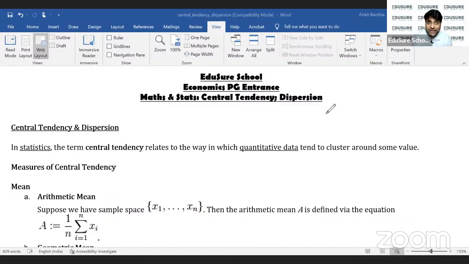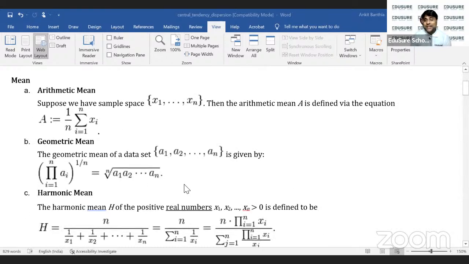The other kind of mean that we have is called the geometric mean. Geometric mean is the product of all the elements, and we take the nth root for n elements. So I multiply all the n elements and I take the nth root, so to the power 1 by n. This is how we find out the geometric mean.